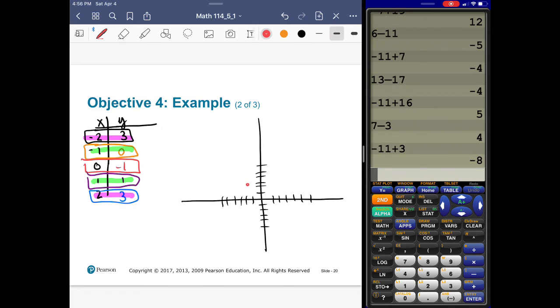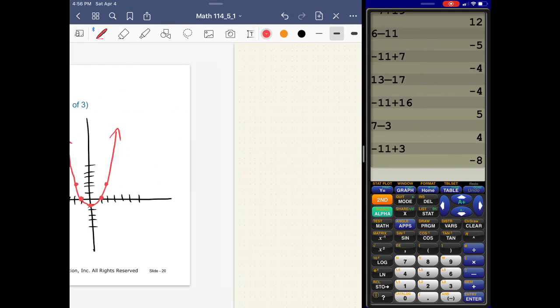So I'm going to have -2 and 3. -1, 0. 0, -1. That should have been 0. 1, 0 and 2, 3. And this is what it says, that it's a cup.